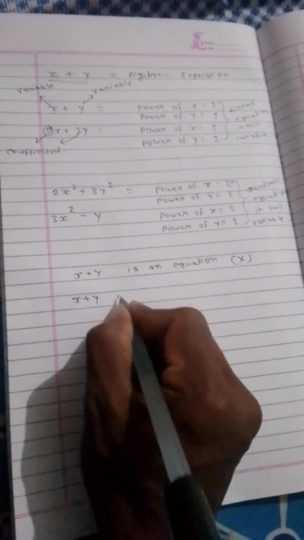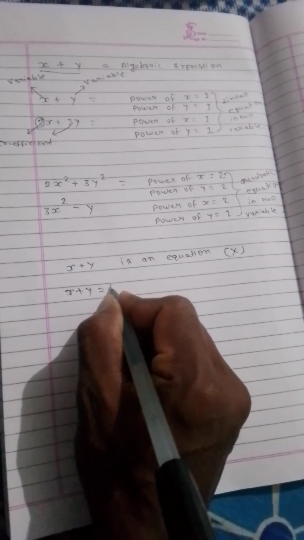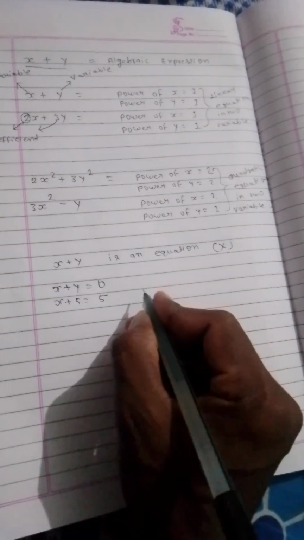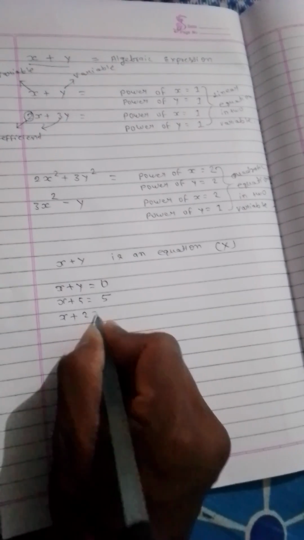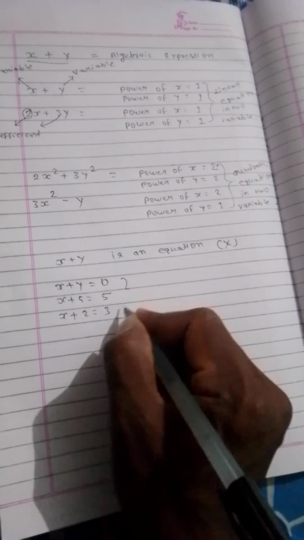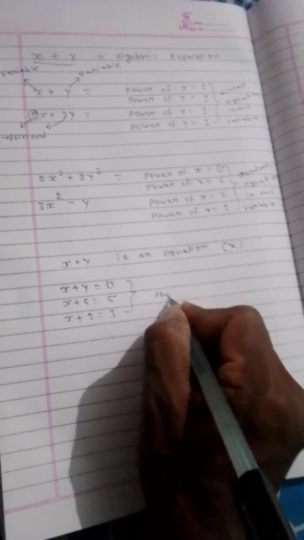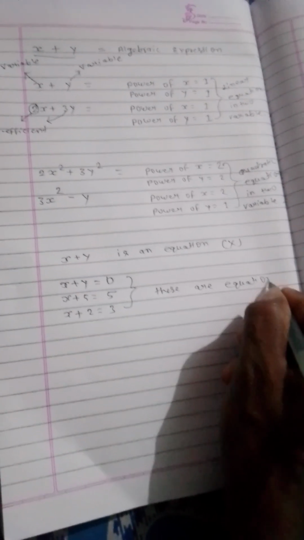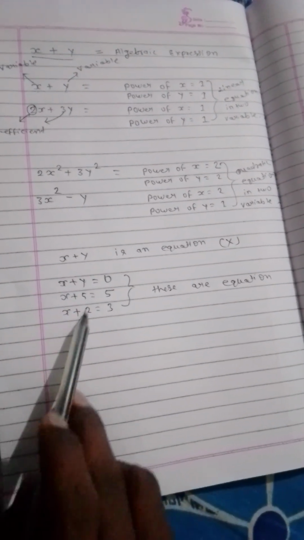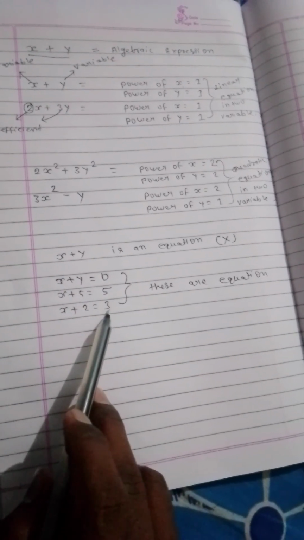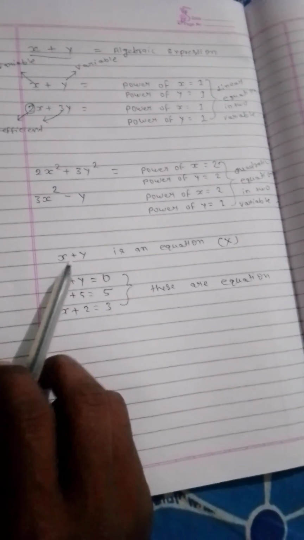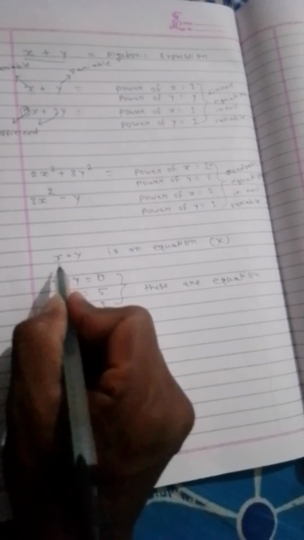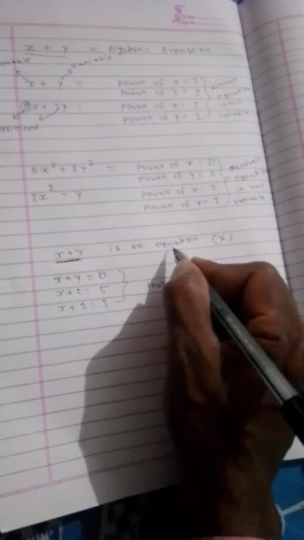X plus y equal to 0, or x plus y is equal to 5, or suppose x plus 2 is equal to 3, these are called equations, because these all equate to some constant, some value. But here there is nothing like equal to, so we do not call it an equation, we call it a polynomial.